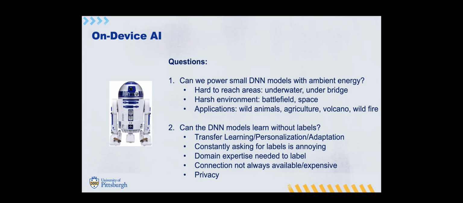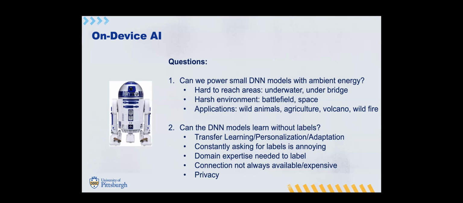But many times we actually need to adapt these models, for example, in order to do transfer learning, personalization, or adapt it to different domains. And if we want to modify the model or train the model using a supervised training method, then we need to constantly ask for a label, which is annoying.